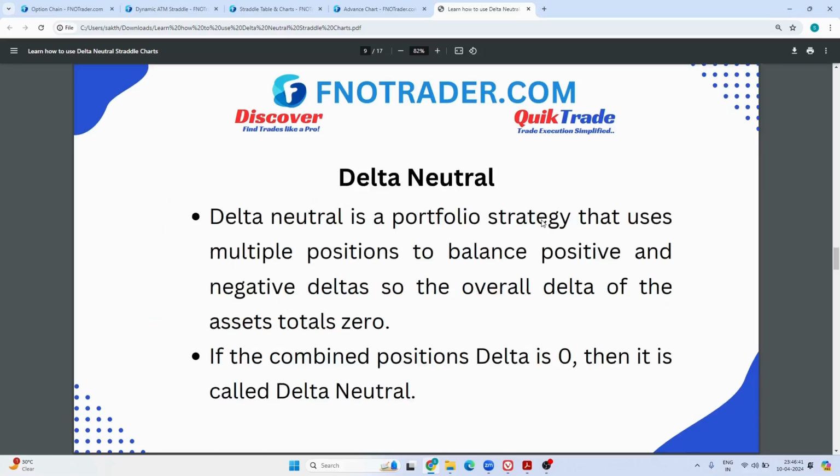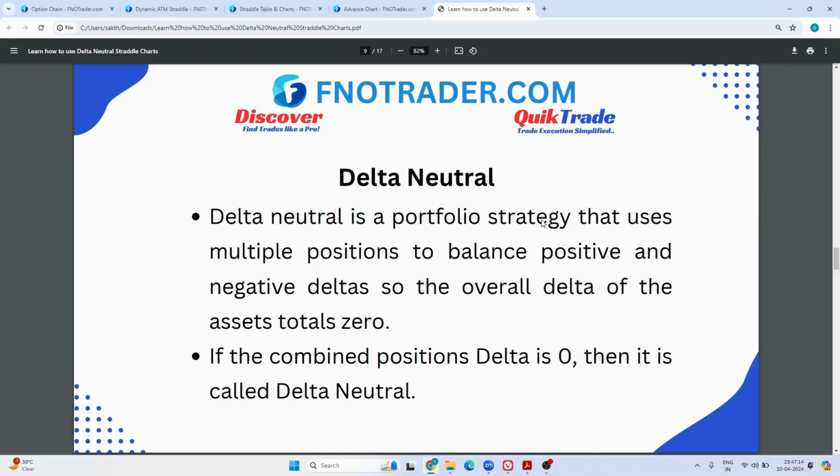Delta neutral is basically a portfolio strategy, where you might have multiple option positions. Some of them have negative deltas, some have positive delta. If you are long on the call side, you have a positive delta. If you are on the put side, you have a negative delta. Now if you combine all of the positions' delta, and it comes to around 0, then you have a delta neutral position.